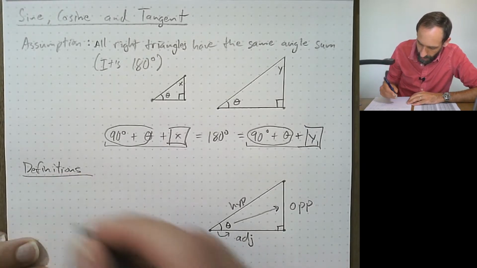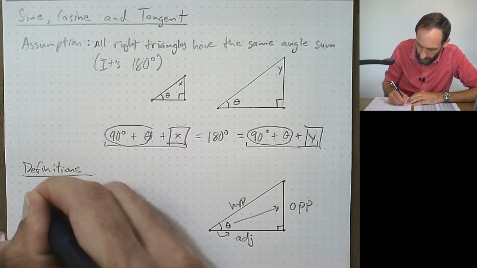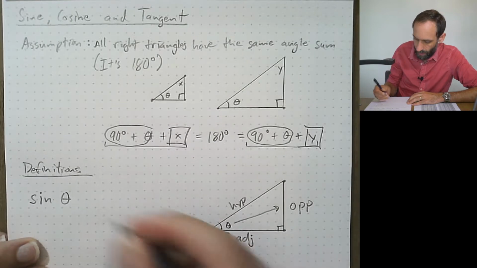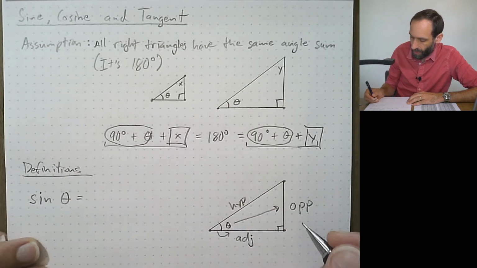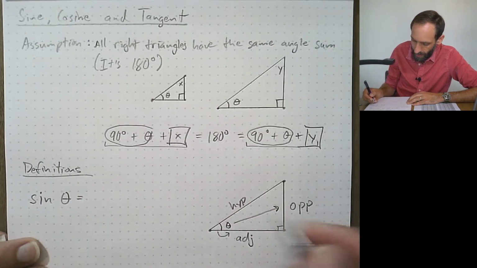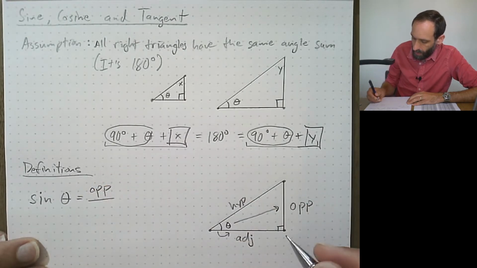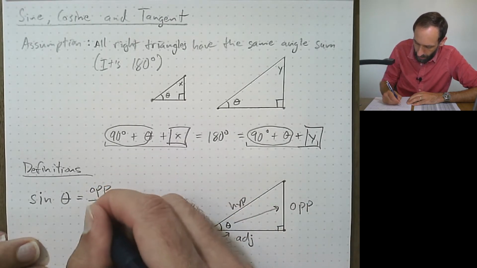So the definitions of these ratios are as follows. For the sine of the angle theta, the ratio is the length of the opposite side to the hypotenuse.